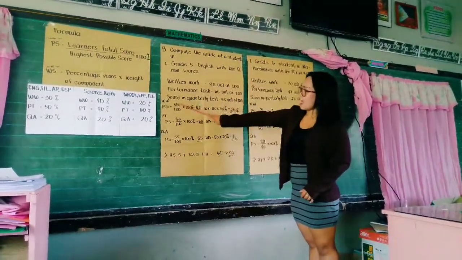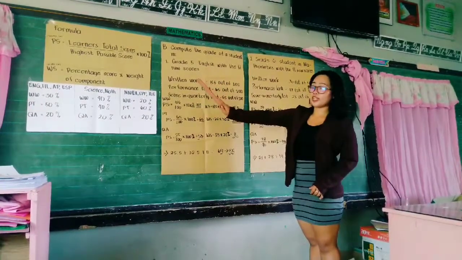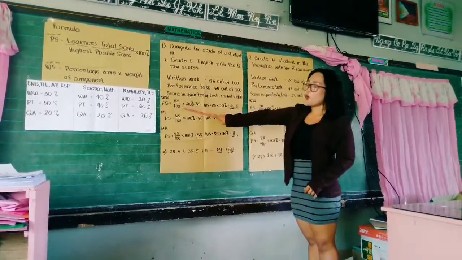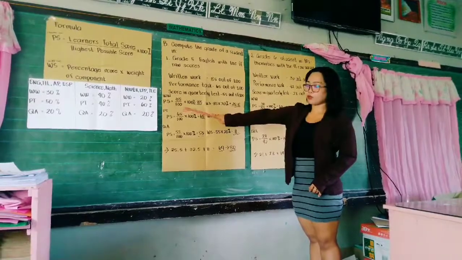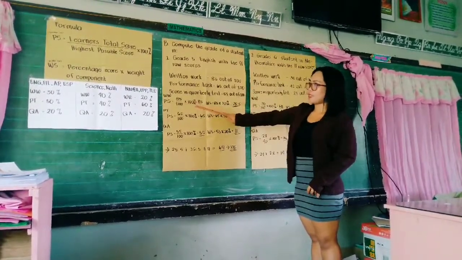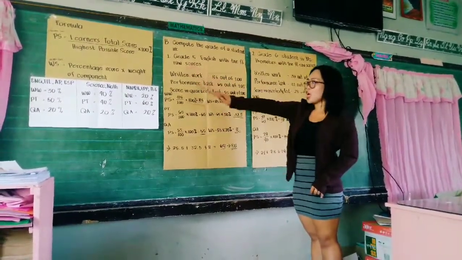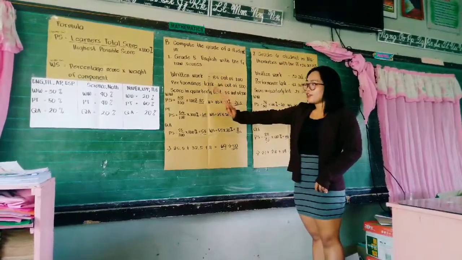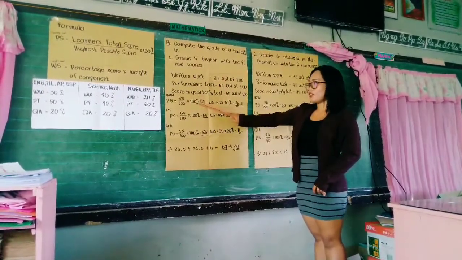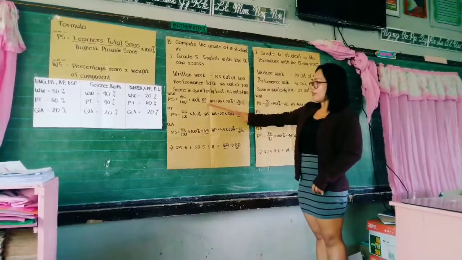Then 85 is the learner's total score over 100, the highest possible score, times 100%, which is given in the formula. So 85 divided by 100 times 100% equals 85.